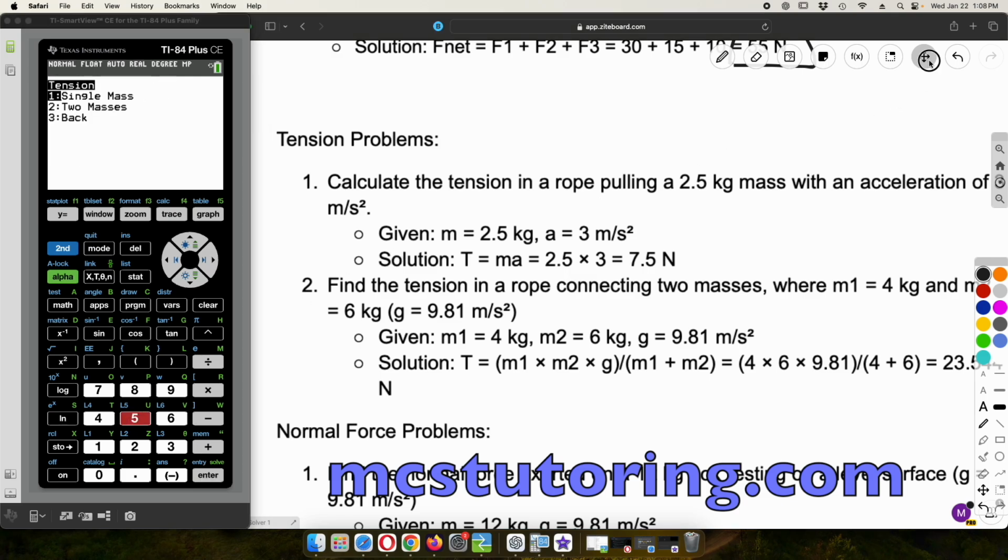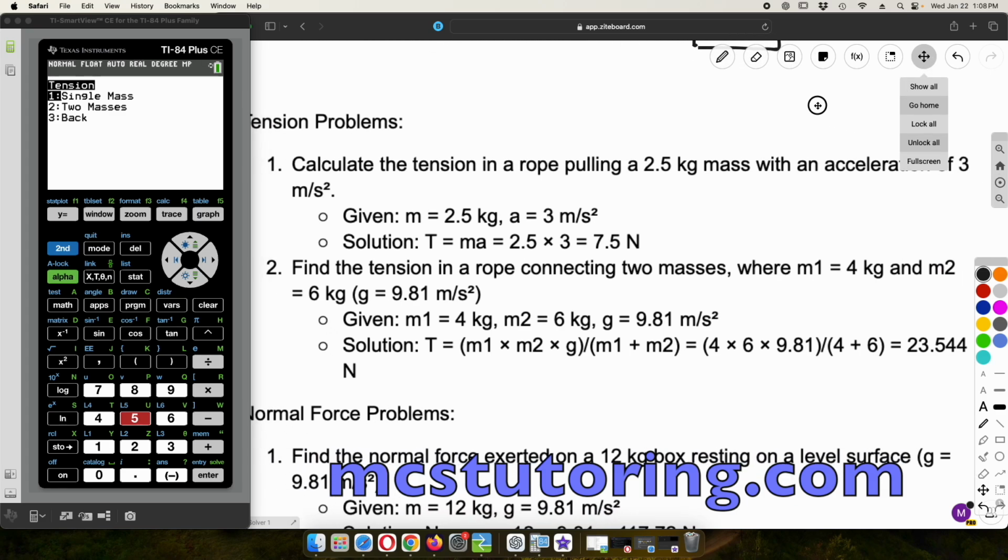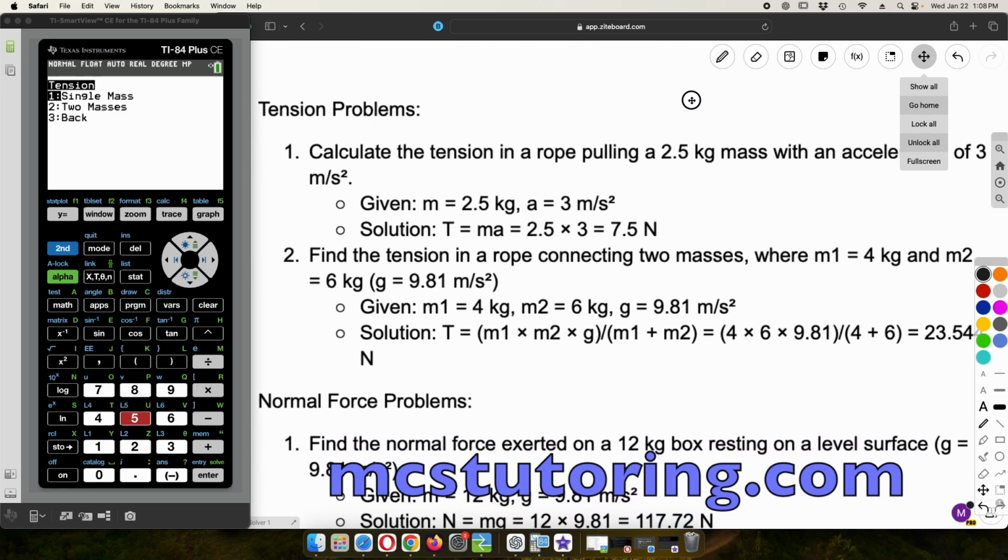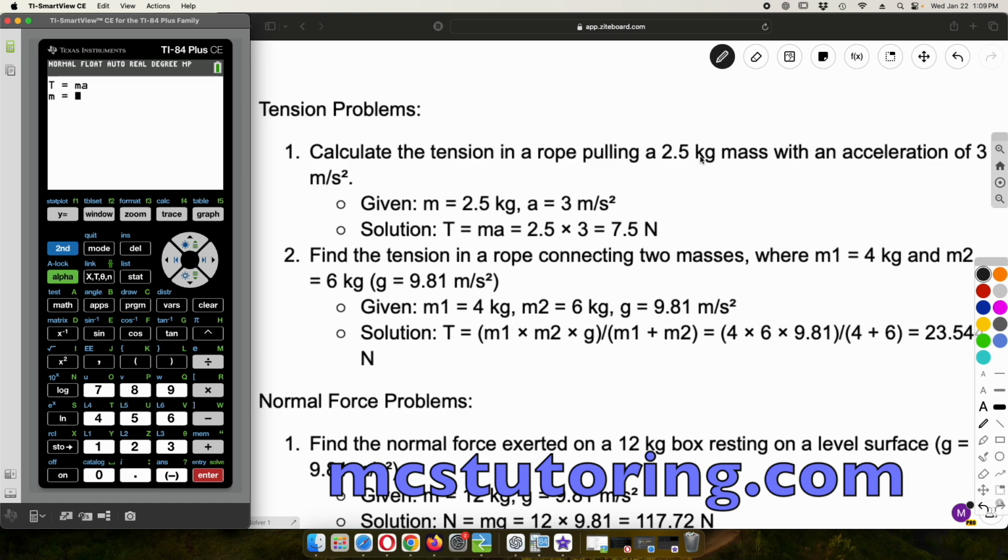Calculate the tension. Oops, let me scroll over a little bit so we can see everything. Of a rope pulling a mass with an acceleration of 3 meters per second squared. So this looks like it's a single mass here. And what is the mass? Oh, it's 2.5 kg. So for M, I'm going to put 2.5. And again, this part wouldn't be given to you right here.